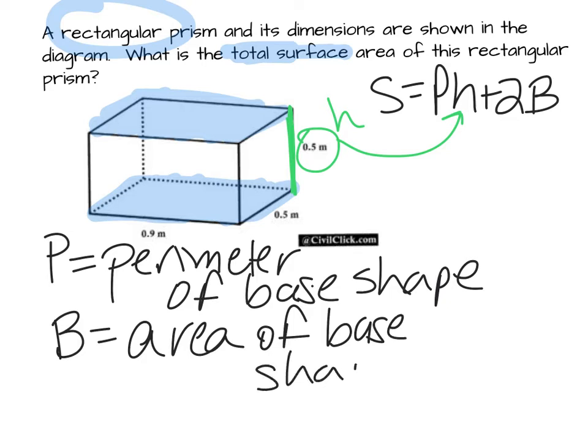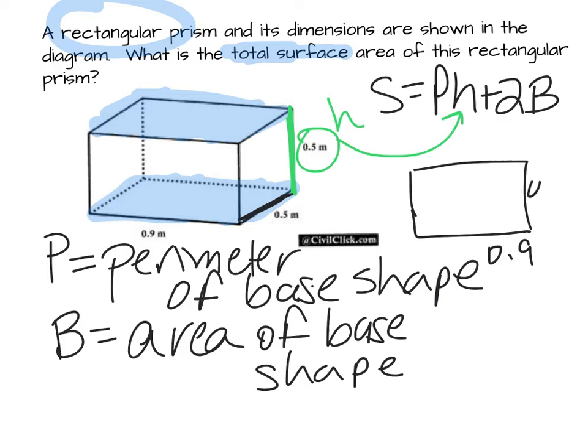So I'm thinking I should probably draw this base shape so I know what I'm talking about. So it is a rectangle, and one side is 0.9 meters, and this other side here is 0.5 meters.